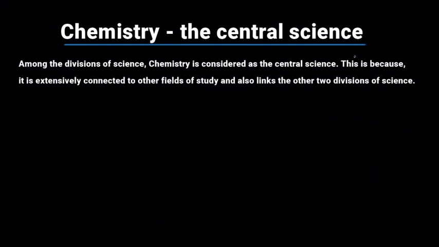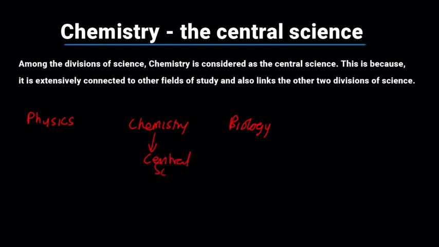Now, generally, science is made up of 3 divisions, which are physics, chemistry, and biology. Among these 3 divisions of science, chemistry is seen as the central science.